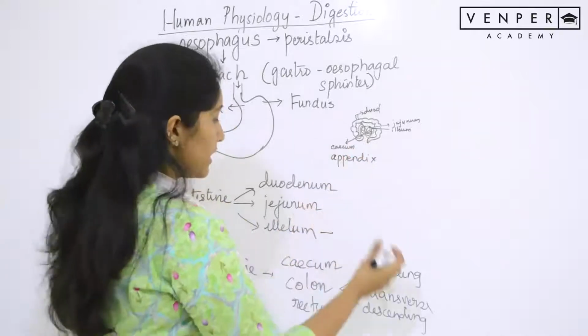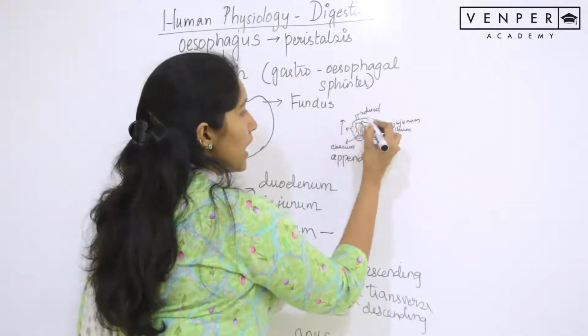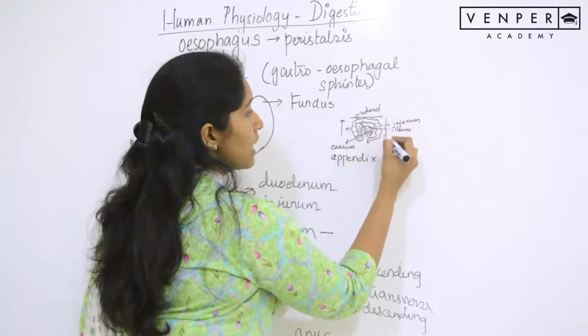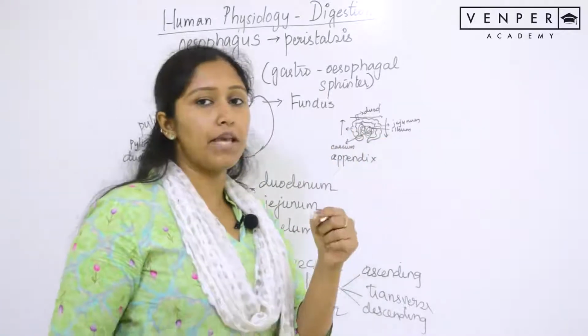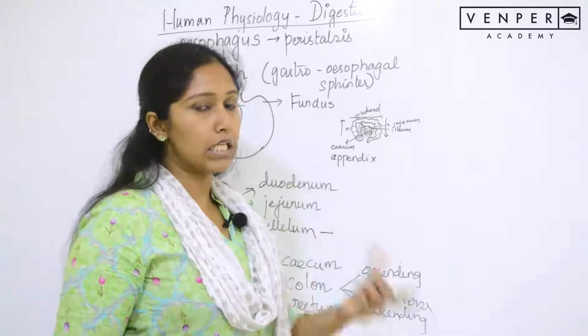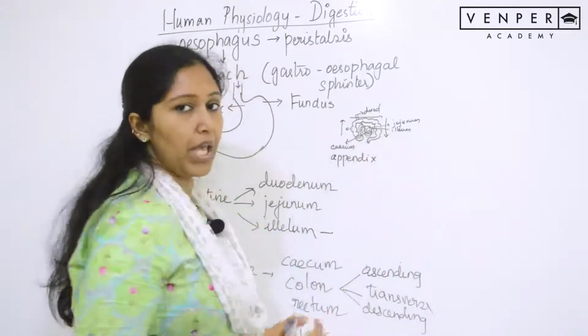Most of this large intestine is made up of colon. This region is the ascending, then this is the transverse, and then this is the descending colon, and finally the rectum is the place where the fecal matter is temporarily stored before it is thrown out through the anus.